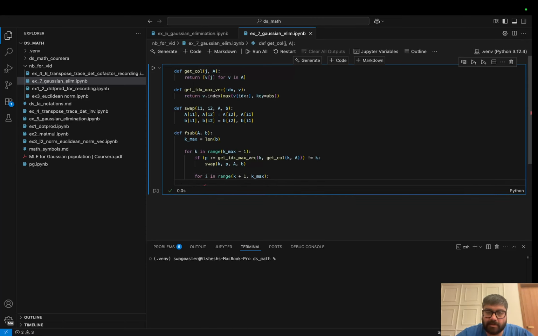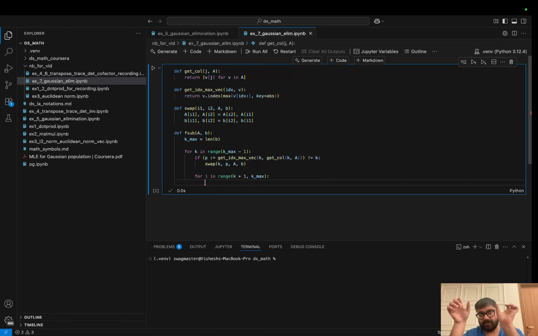we have to calculate the multiplier. Now algorithmically, what is that multiplier? If the first row's first element is 1 and the second row's first element is 3, to get rid of the 3 I need to multiply the original row k in this loop's context by 3, minus the next row. So that's the multiplier: take the row minus multiplier times the original row.